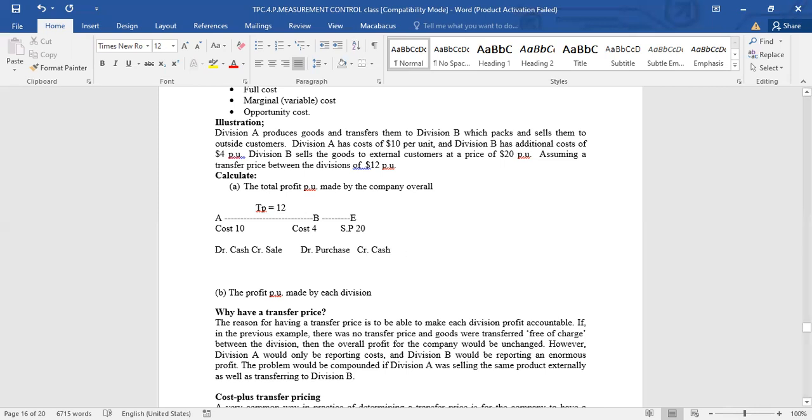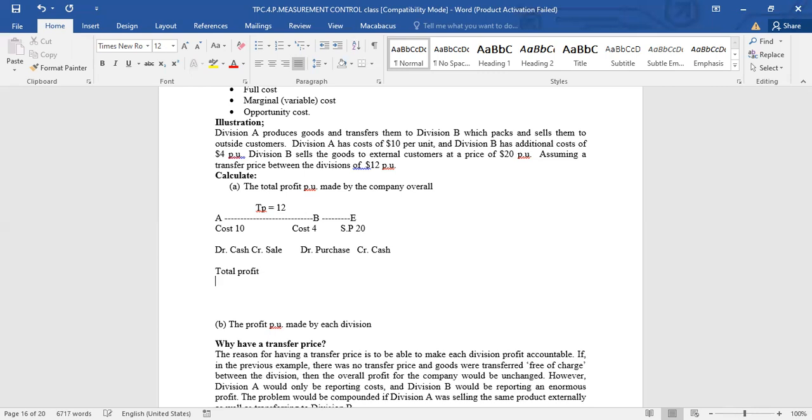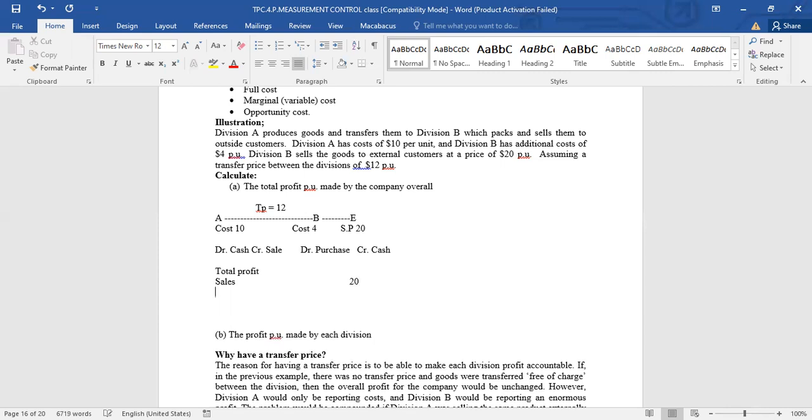So because of that, to get total profit, just look at sales made by B to the external parties. If A was selling to someone else out there, we'd still consider the external price of A. So we take 20, and then our total cost is different.